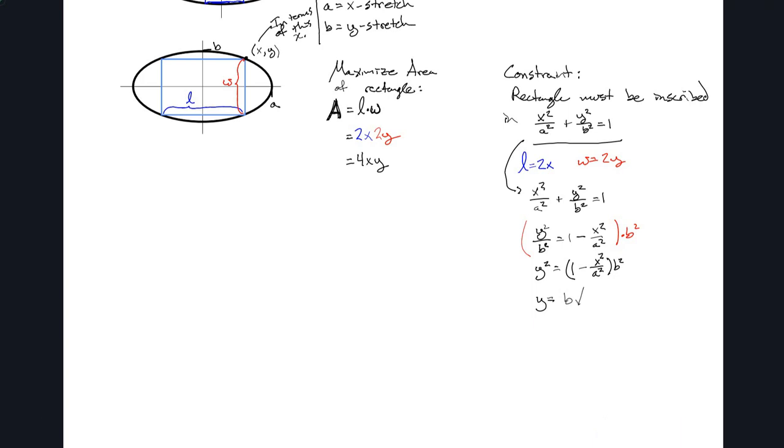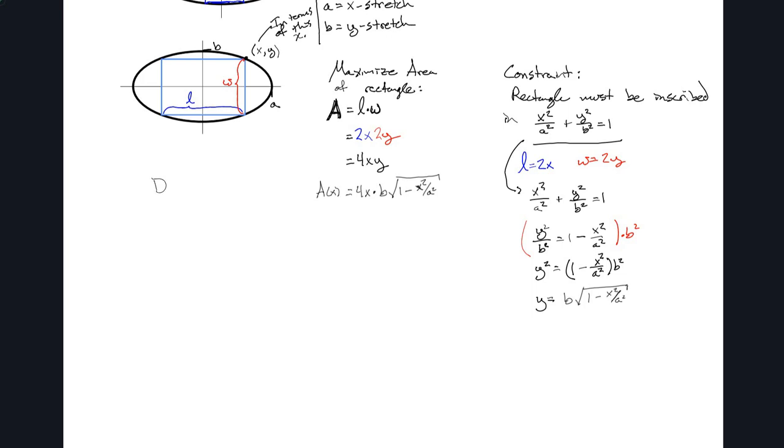Put the b in front, b square root of 1 minus x squared over a squared, like that. Okay, so I'm going to take this and plug it back in for y, for x times b square root of 1 minus x squared over a squared. And this is now a function of x.